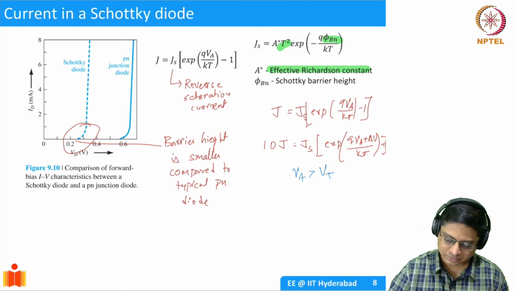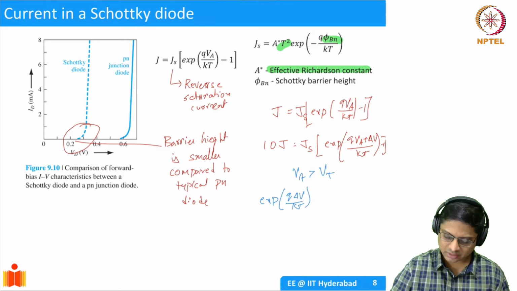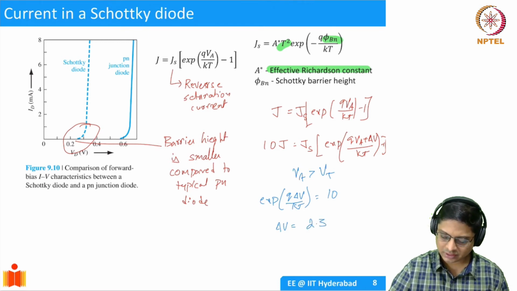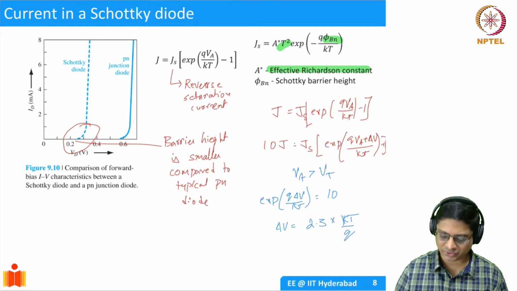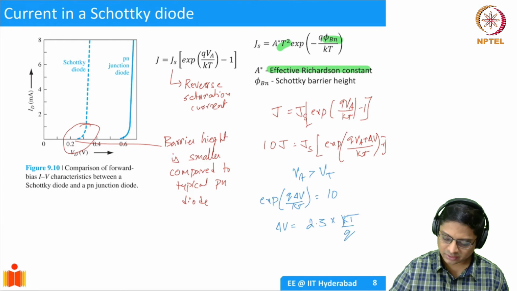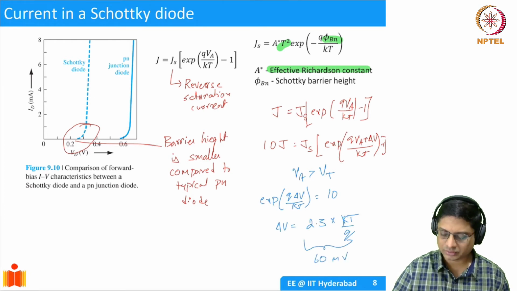So essentially what you get is exponential q delta V divided by kT equal to 10. So if you do this, what you get is delta V equal to, of course, 2.3 times kT by q. kT by q is 25 milli electron volts, right? And this whole product is going to be 60 milli electron volts.